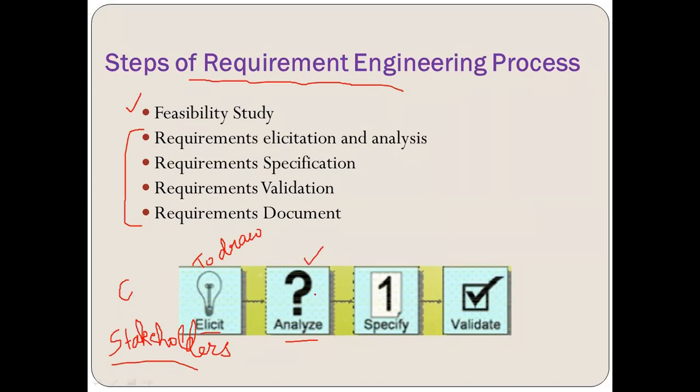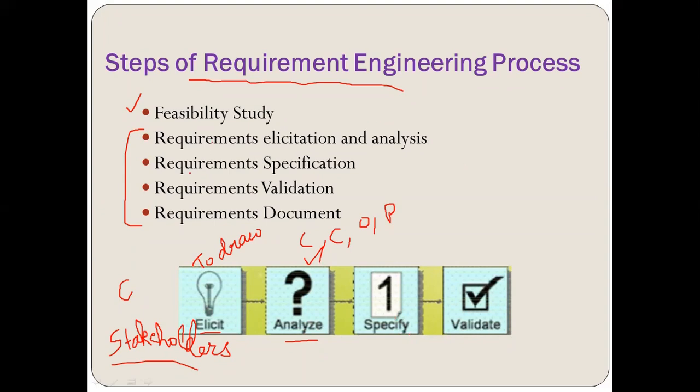Analyze means we need to figure out, customize, classify, organize, and prioritize, that is giving the priority, etc. Then we have to specify the requirements, and lastly the requirements need to be validated.